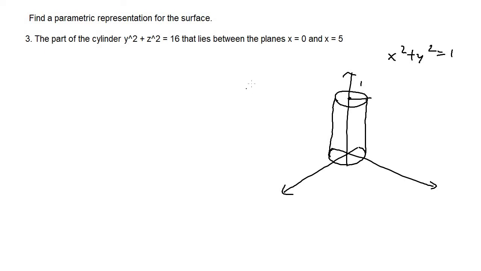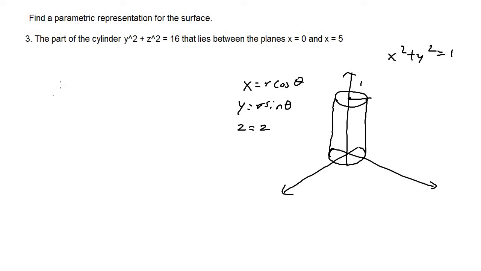Now in this case, x is going to equal r cosine theta, y is going to equal r sine theta, and z will just equal z when we convert into cylindrical coordinates, because whatever the z value is in rectangular coordinates is going to be the z value in cylindrical coordinates, because the axis of the cylinder is the z-axis.